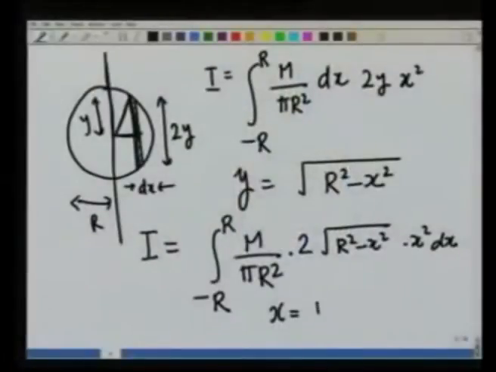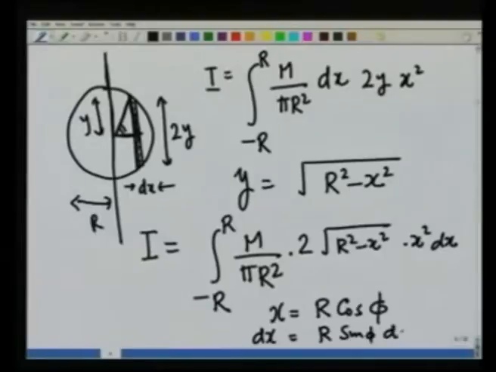Let me take x to be equal to r cosine of phi, that gives you dx is equal to r sine of phi d phi with a minus sign in front, and the limits for this are going to be, for minus r it is going to be pi, for x equal to r it is going to be 0. With this minus sign, the limits change.